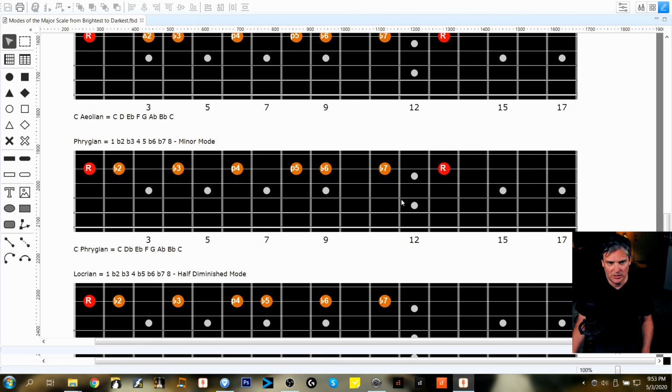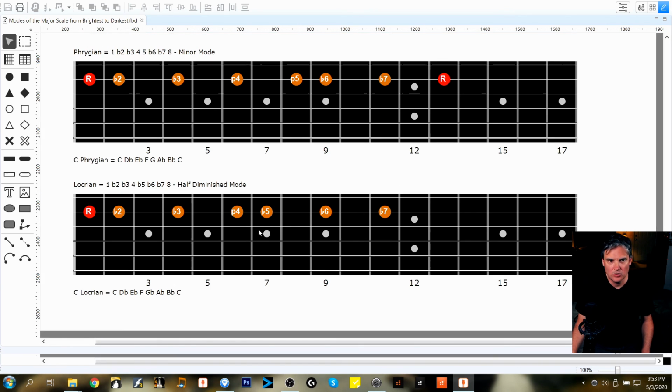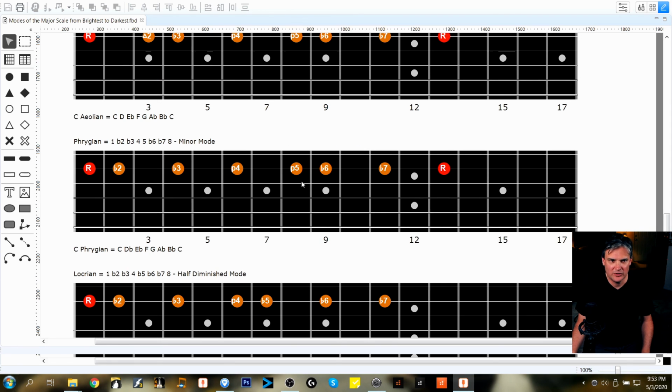And then next we have the Locrian. That's the last mode. And the Locrian mode I like to think of as a half diminished mode. So it has a flat 3 and a flat 7, okay, like all the minor modes, but the thing about the Locrian mode is it has a diminished fifth, and that's what makes it separate in my mind, because all the other minor modes have a perfect fifth.